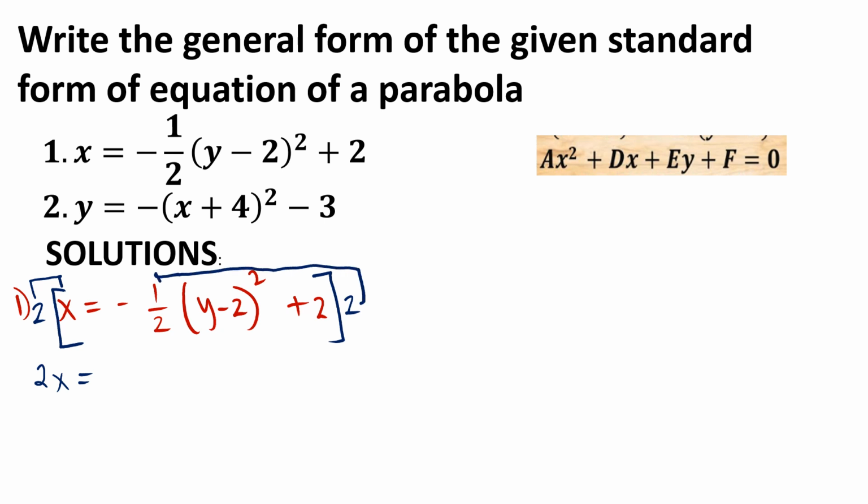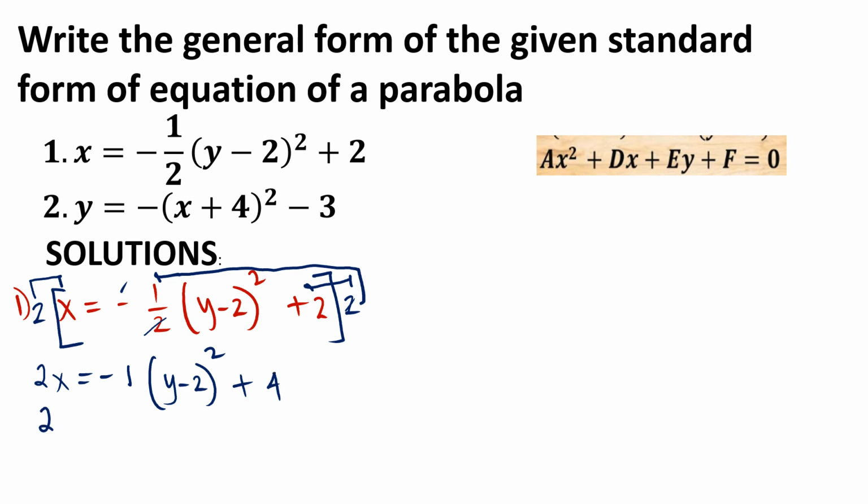Whatever the denominator, if it is the same as the multiplier, we simply isolate it, because 2 times 1/2 is equal to 1. But there is a negative, so that will be negative 1. Then we rewrite y minus 2, and plus the 2 multiplied by 2 answers 4.